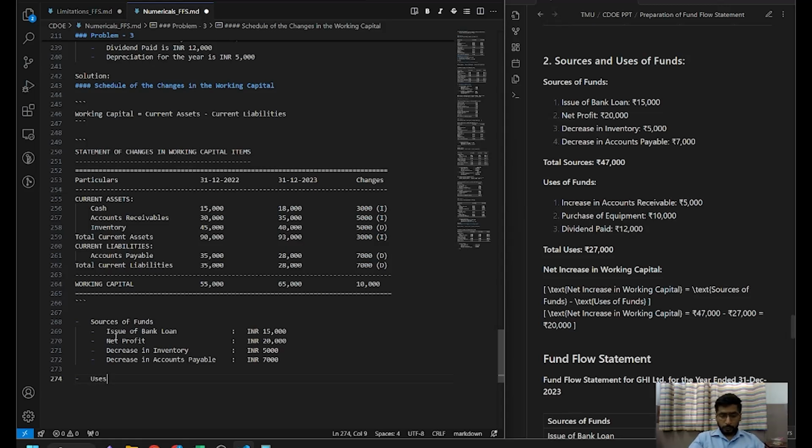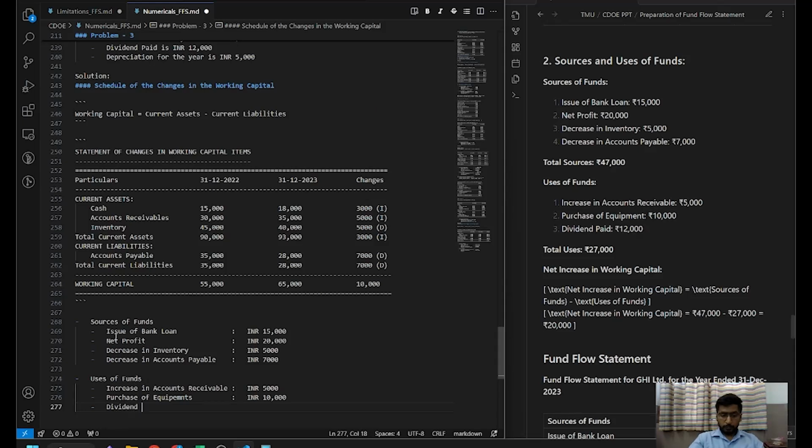Then comes the uses of funds. Increase in accounts receivable, that is rupees 5,000. Purchase of equipment, that is rupees 10,000.